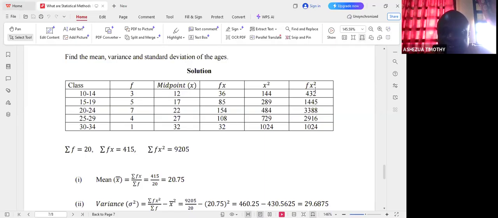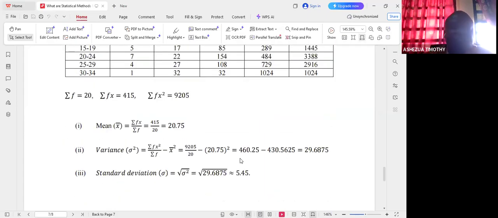If you sum Fx square, you will have 9205. Now, quickly, the mean, which is denoted as X bar, is equal to sum Fx all over sum F, which is 415 divided by 20, and that will give you 20.75.